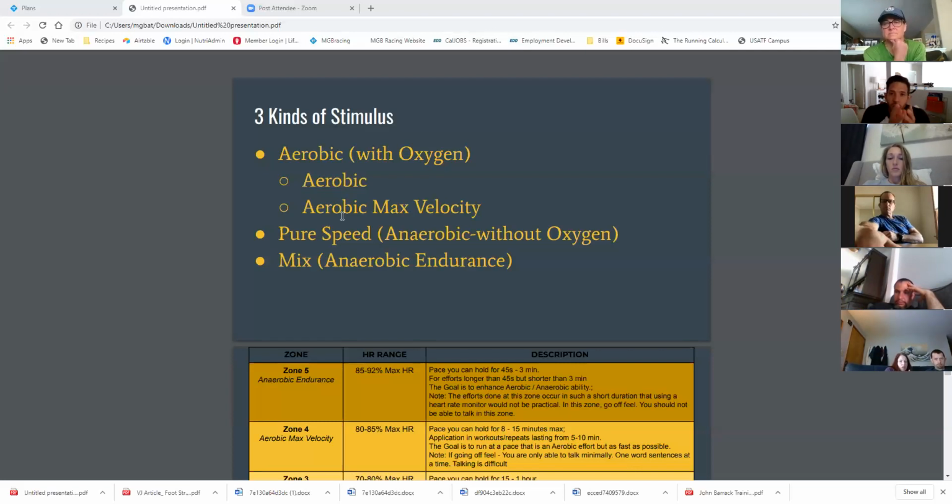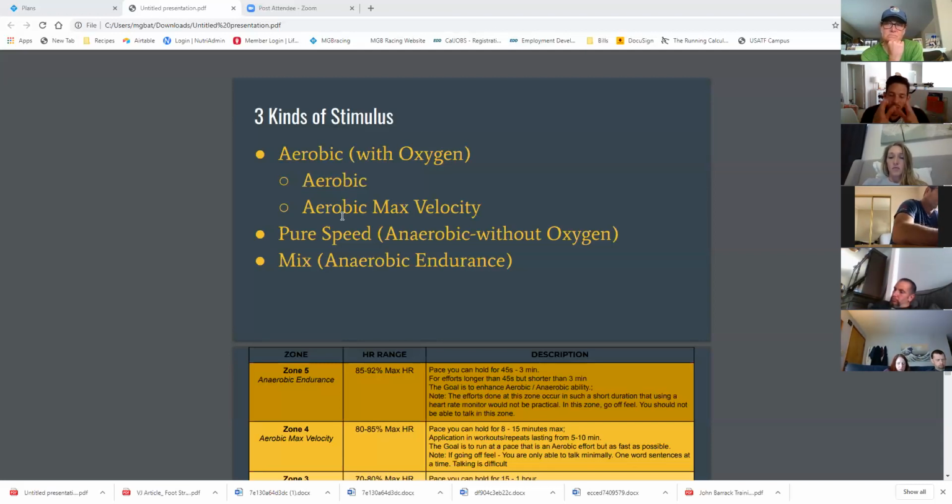But the important thing about the mixed muscles and the mixed system is that this system works from 45 seconds up to 3 minutes. And that's how you train this system. This system is the biggest driver when it comes to performance in anything like 10K, 5K, and below.